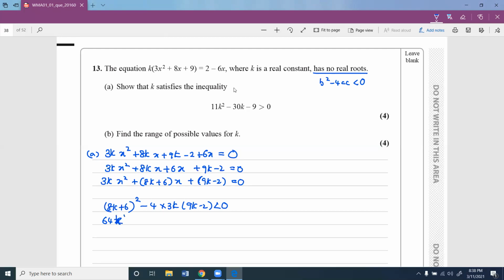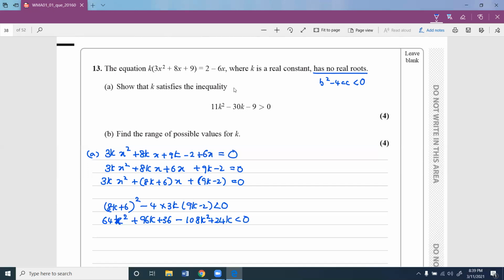64k squared plus 96k plus 36 minus 108k squared, then plus 24k is less than 0.